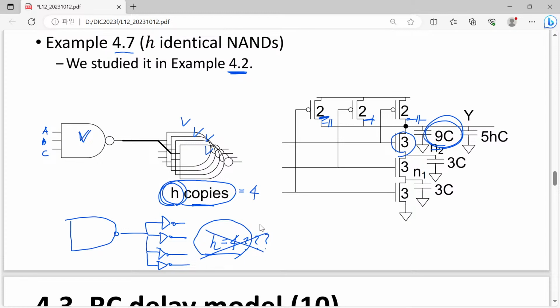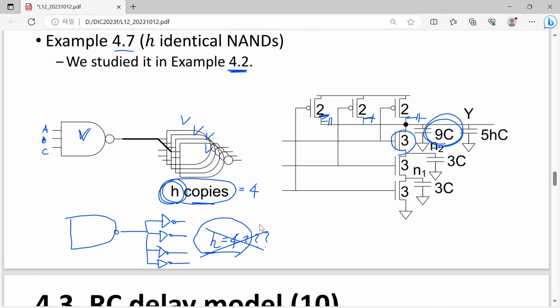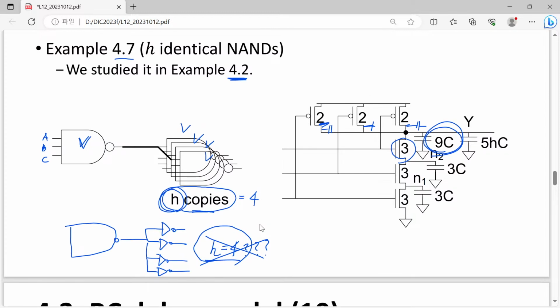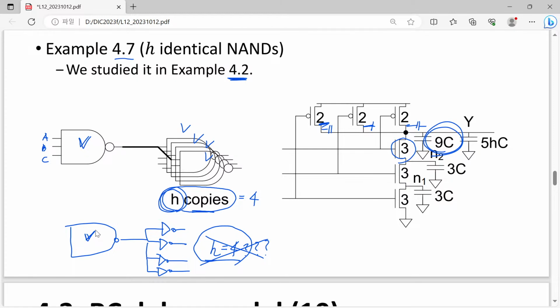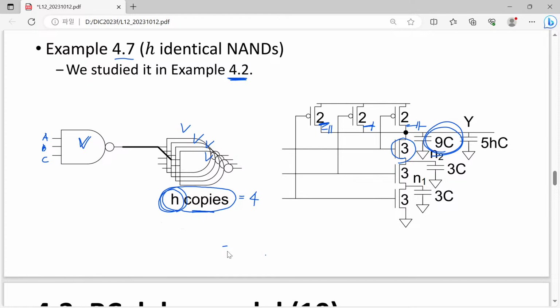Please note that H is not just the count or number of load gates, but it is normalized by the strength of our driver gate. So maybe you can expect that this one is stronger and this one is weaker, so you can expect certain difference from just counting the number 4.